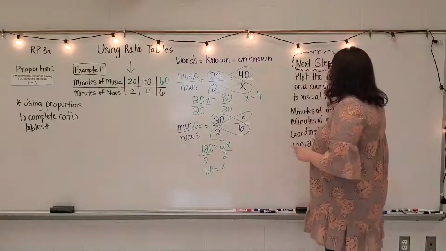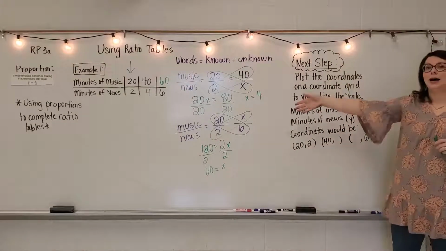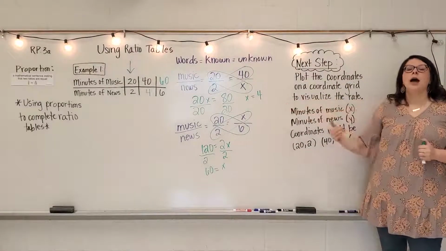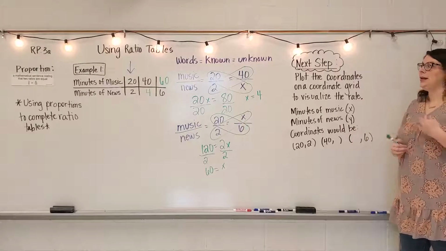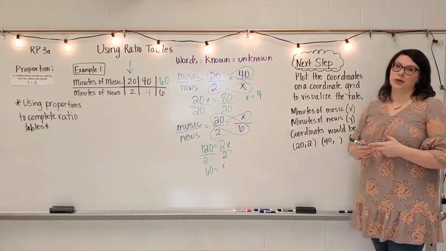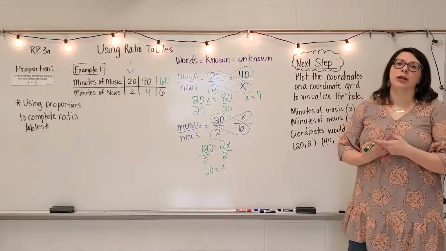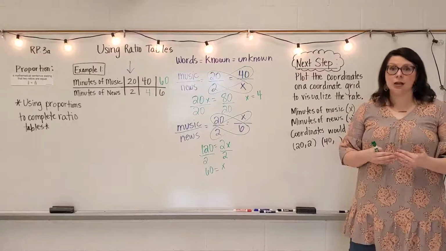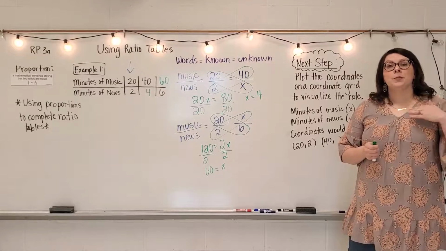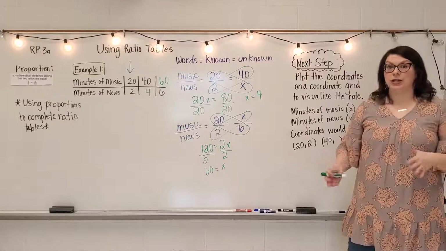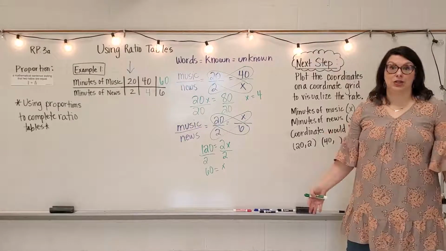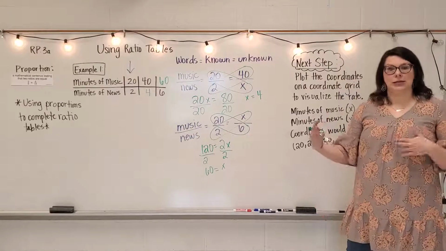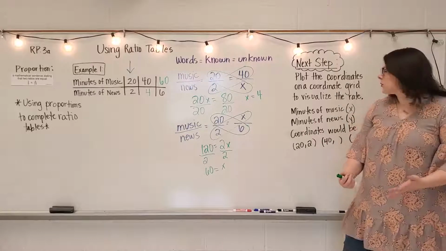Now, here's the next step that you can use to apply this information. We can use data tables that have two variables, and we can plot them on a coordinate grid, just like their coordinates, to be able to see a visual correlation of what the rate is doing, okay? How it increases, how it decreases.